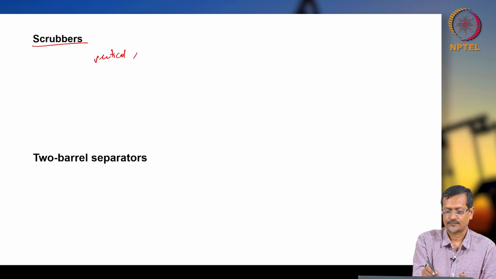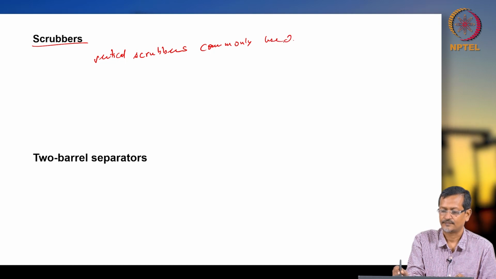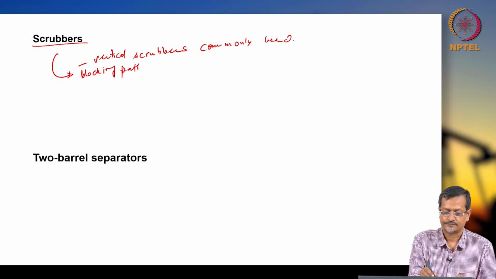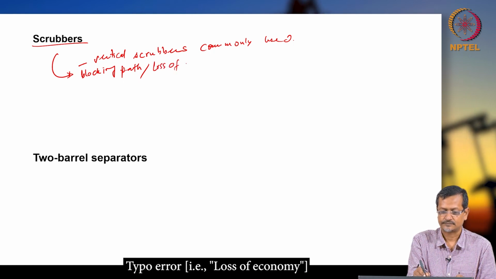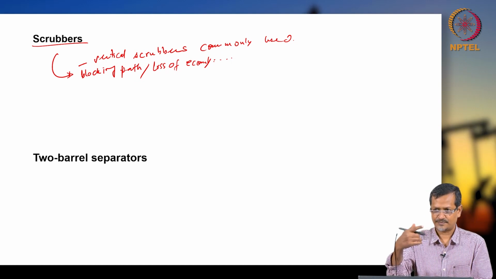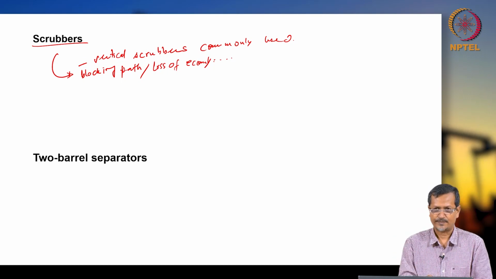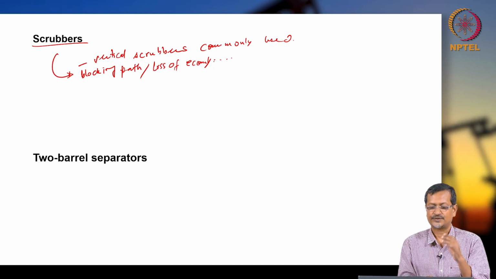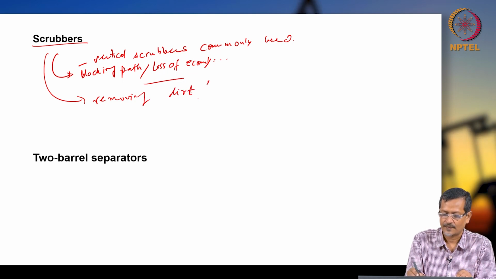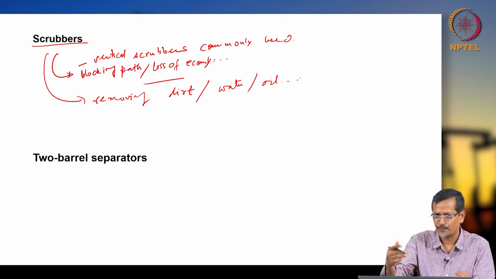The major problems are blocking of paths and maybe loss of economy, because some low molecular weight oil has gone into your gas line, which gas purchasers may not use, and you are not getting money for it. Using a scrubber, you are removing dirt, maybe water and some oil, so you can remove unnecessary components from the gas.